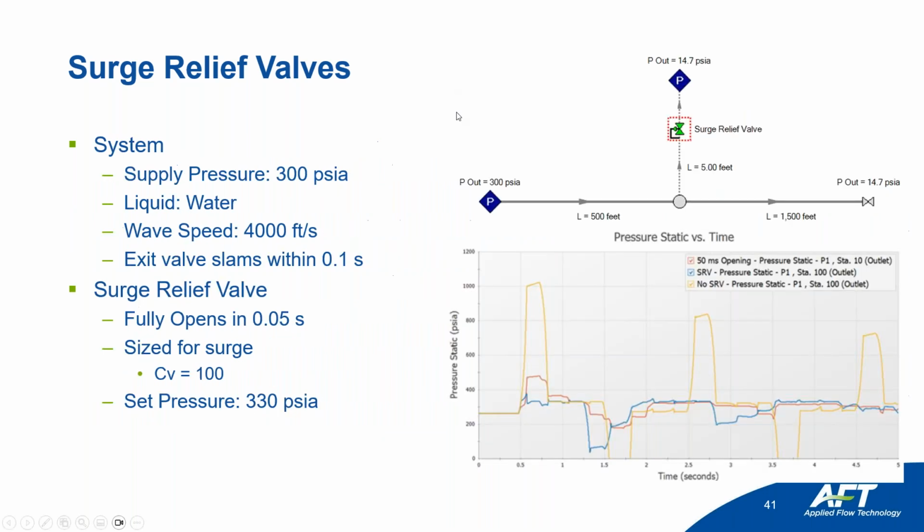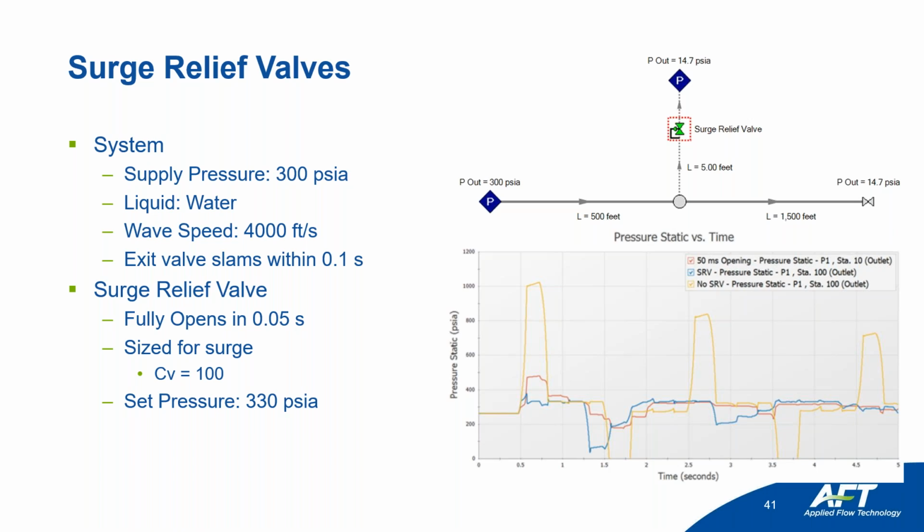But this is an incredibly idealized case as well. You are designing for surge mitigation, and it becomes a surge mitigation device, like gas accumulators and other types of devices as well.